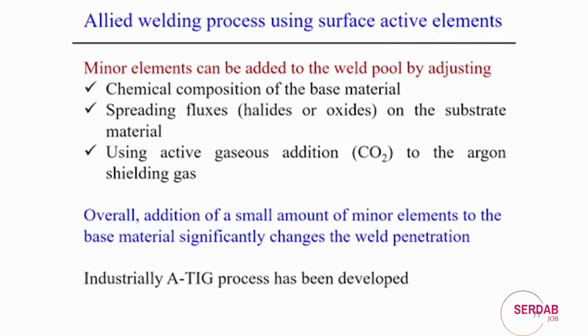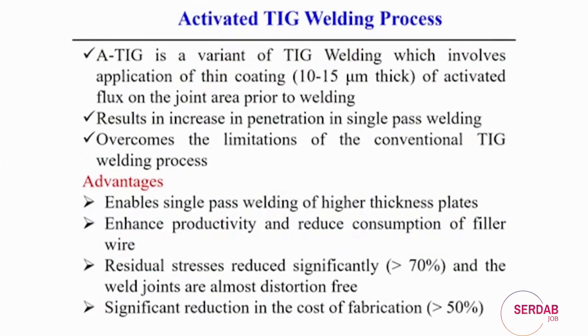There is one development of the process that has been developed industrially, the activated TIG welding process. Activated TIG welding process means activated tungsten inert gas welding process. So, ATIG can be defined in the following way: it is simply a variant of the TIG welding process, or we can say the gas tungsten arc welding process.